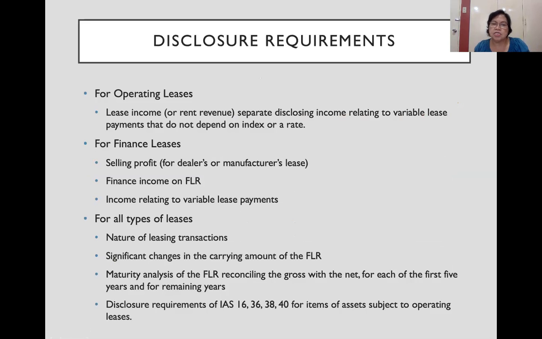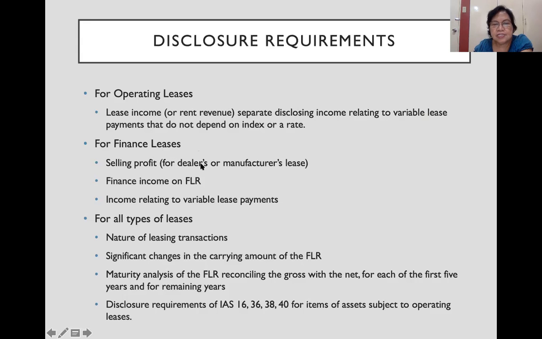Actually, these are contingent rents that do not depend on a price index or a rate. So for operating leases, you are to present separately the rent revenue arising from your usual lease transaction plus the rent revenue that is considered as contingent rental.